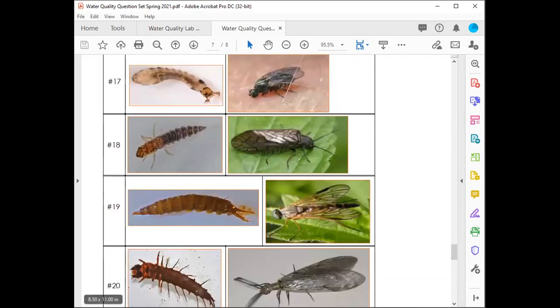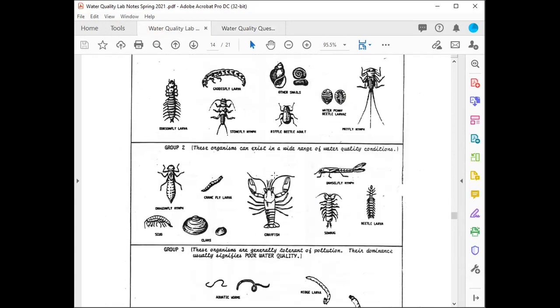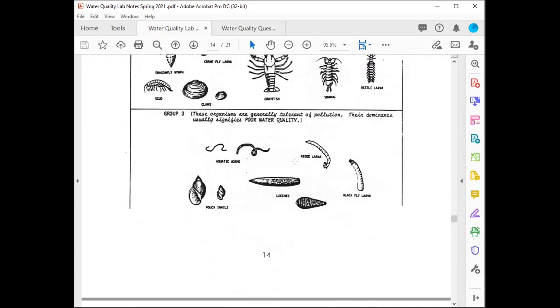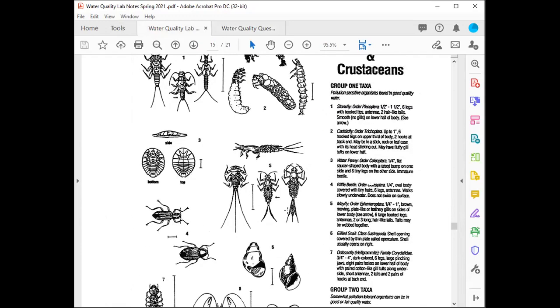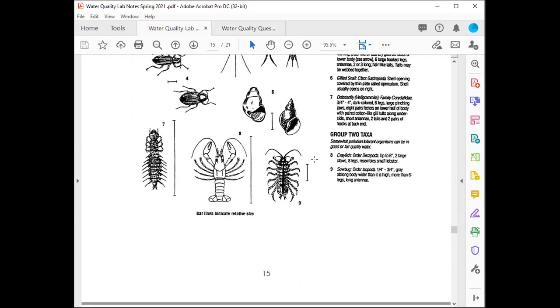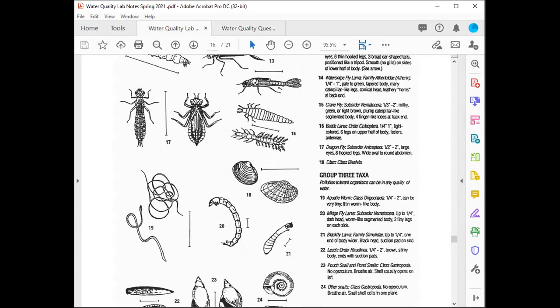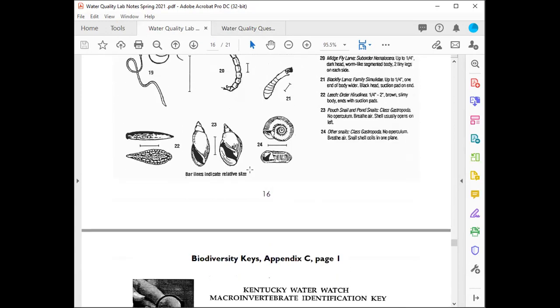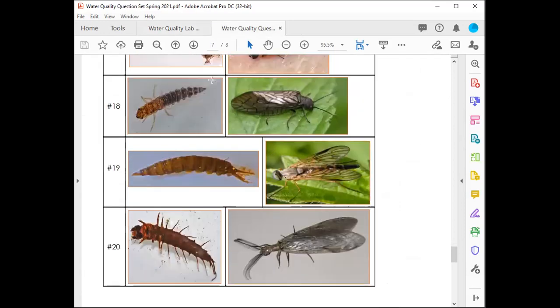It's kind of hard to see some of the writing, so just do your best to use these keys to identify the different organisms. Pay attention to what's written out here if you can read it very well. It talks about the different organisms, so use this to help identify your pictures here.